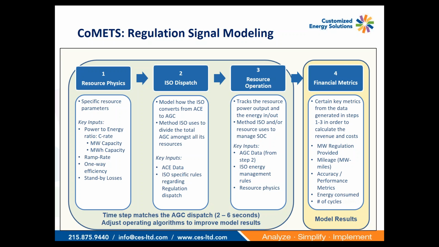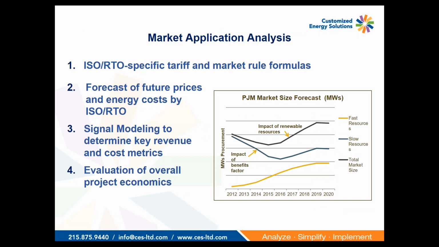And the output of this is the performance metrics, be it a mileage or a performance ratio, and I'll explain a little bit what these are in the next few slides. But they are essentially metrics to calculate the revenue for the asset from the price forecast or from the clearing prices.